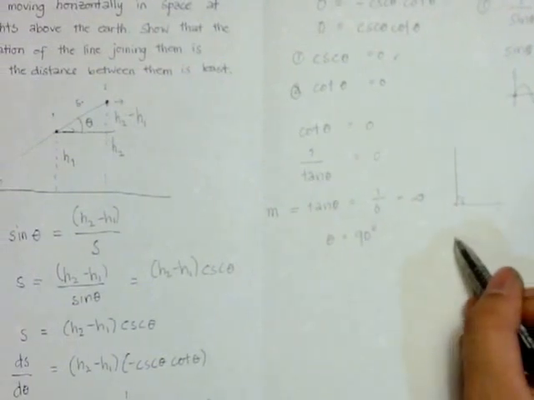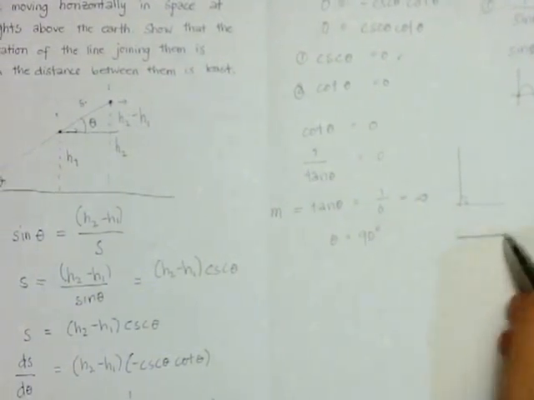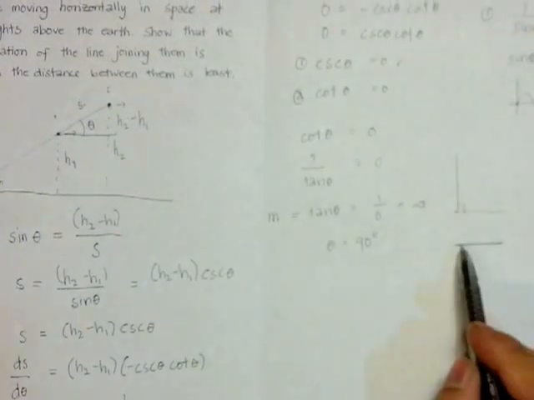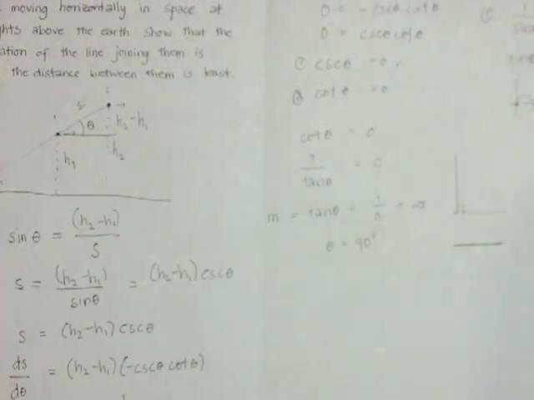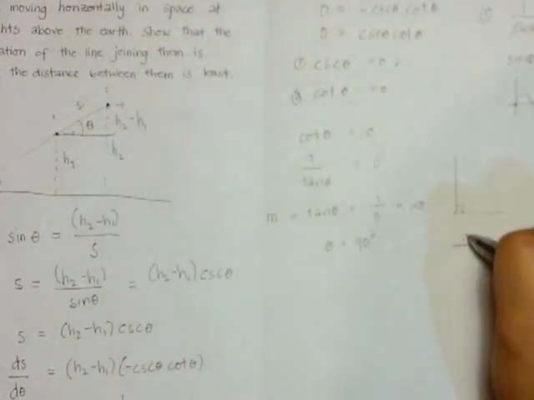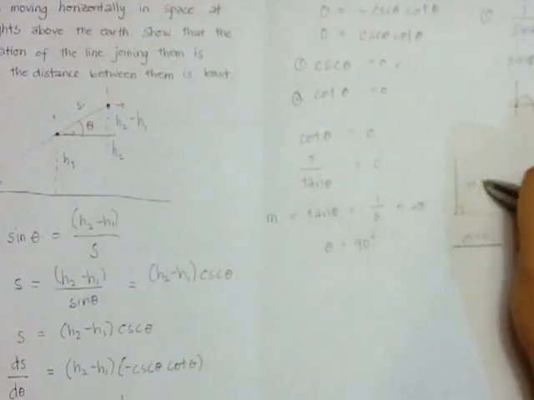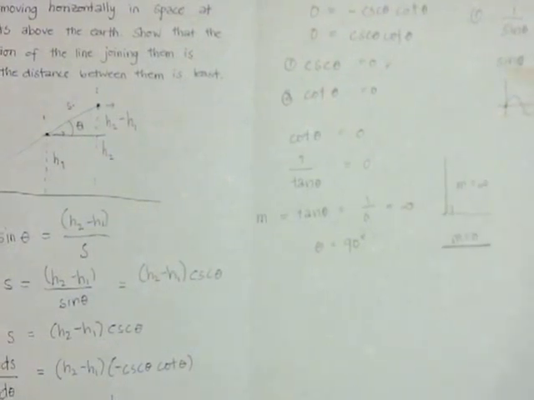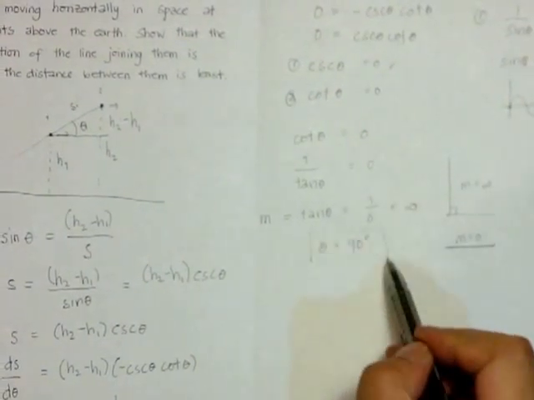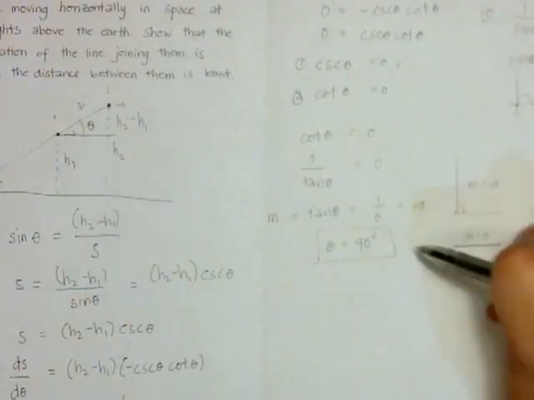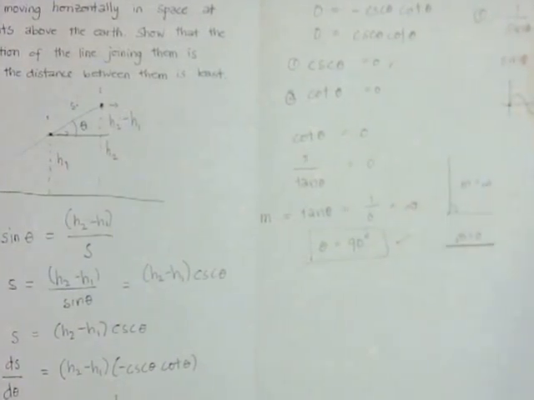The slope of the line with 0 degrees, the horizontal line, has 0 slope. So this is m equal to 0, this is m equal to infinity. Thus, we know that theta is equal to 90 degrees. So this is now part of the solution set.